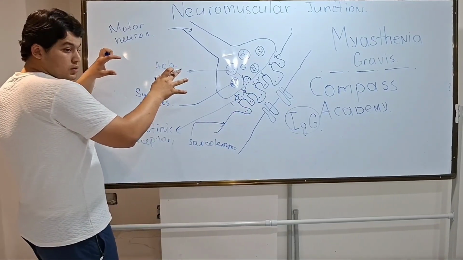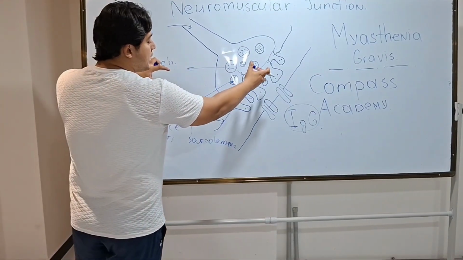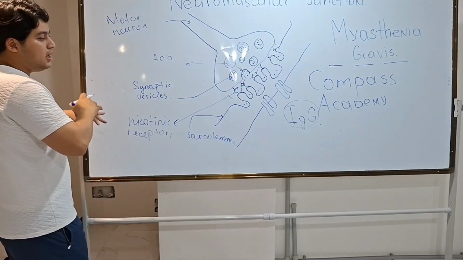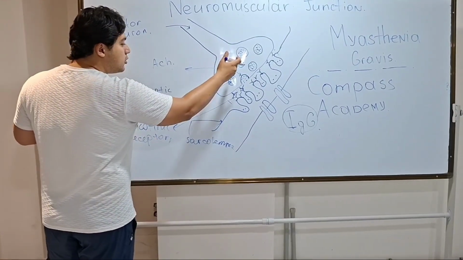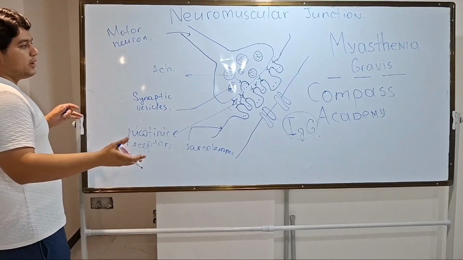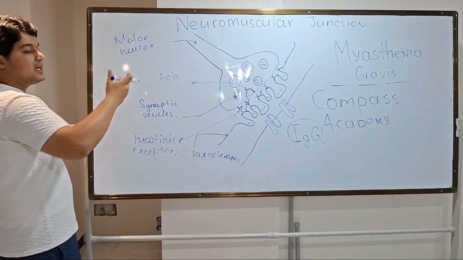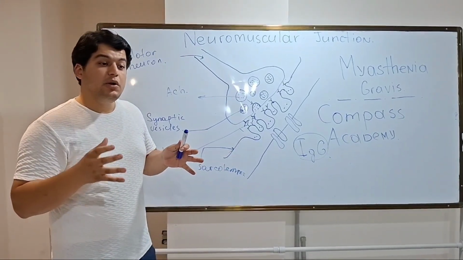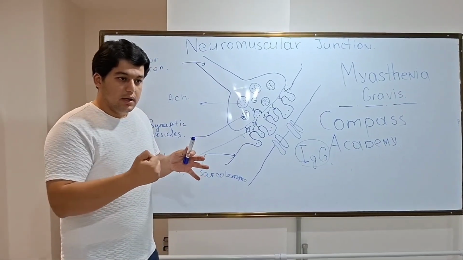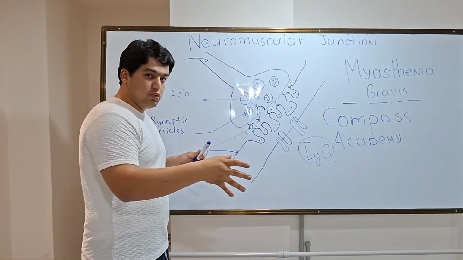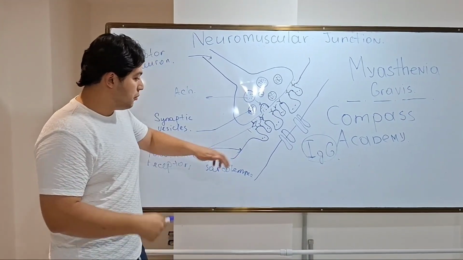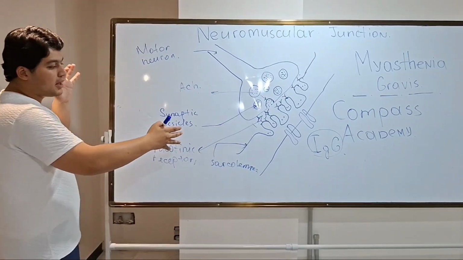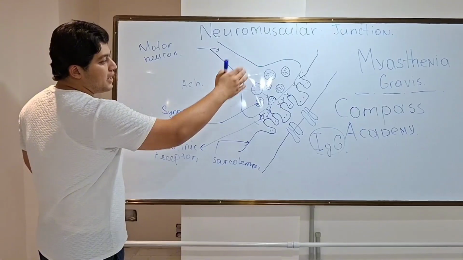So the nicotinic receptor cannot get any impulses from the motor neuron. This is the basic principle of myasthenia gravis. The nicotinic receptors are blocked, and there is no contraction. The brain sends the impulse, but there is no contraction because of the blockage of nicotinic receptors. That was the main mechanism of myasthenia gravis.